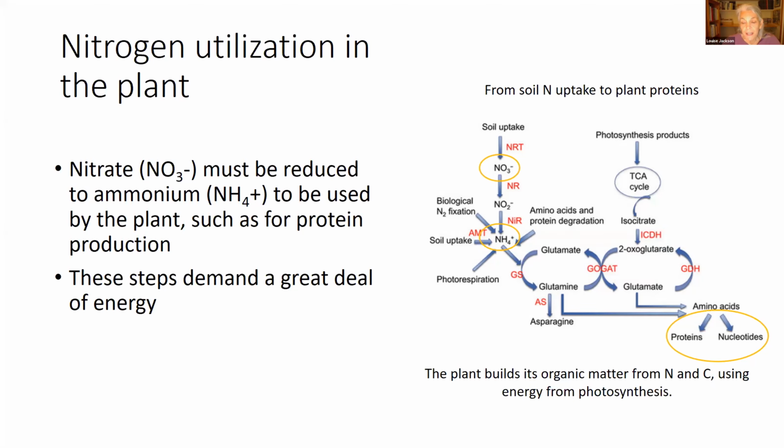The photosynthate produces the energy that can cause this reduction process. And it also provides the backbones of these precursors to amino acids. So the main point here is that this is the way that the plant builds its organic matter, largely based on the energy from photosynthesis.